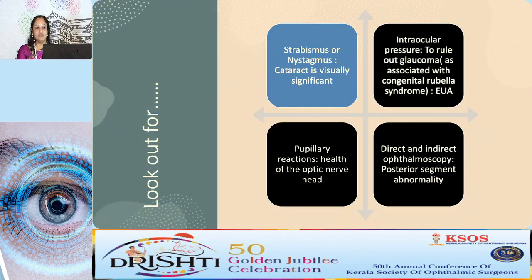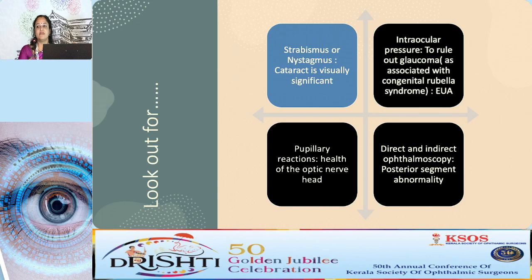So always see if the child is having strabismus or nystagmus with cataract; then the cataract is visually significant and you have to intervene at the earliest. Always check the intraocular pressure. You have to rule out glaucoma, like how I told in congenital rubella, it may be associated. Don't ever hesitate to take the child under anesthesia to evaluate it.